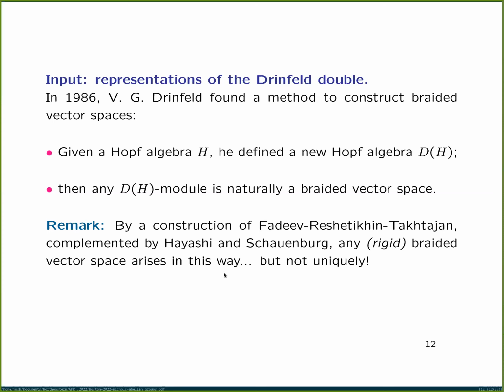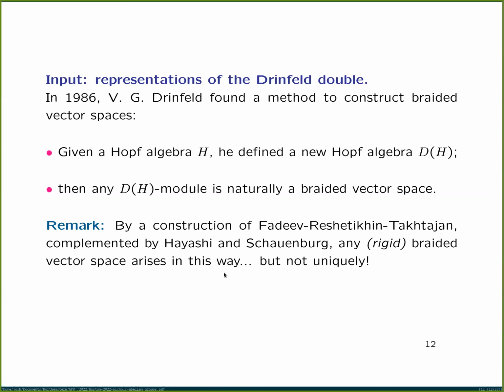He did that by introducing, for any Hopf algebra H, let's say H finite dimensional to avoid technicalities, a new Hopf algebra D(H), which is called the Drinfeld double of H. And any representation of the Drinfeld double of H comes naturally with a braiding, so that it becomes a braided vector space.